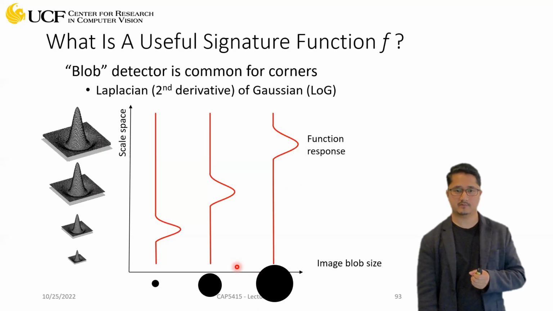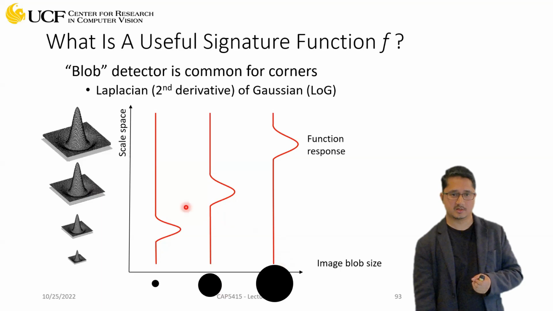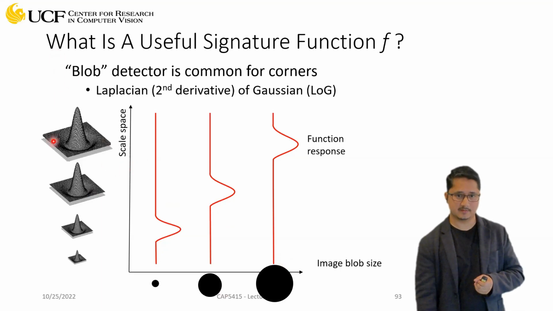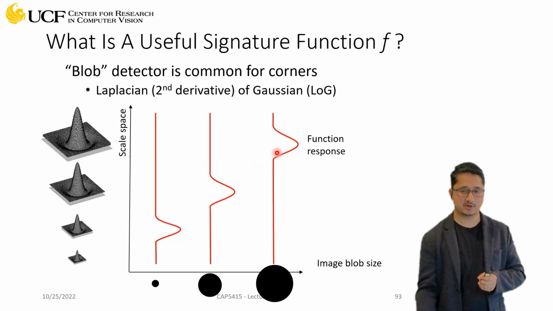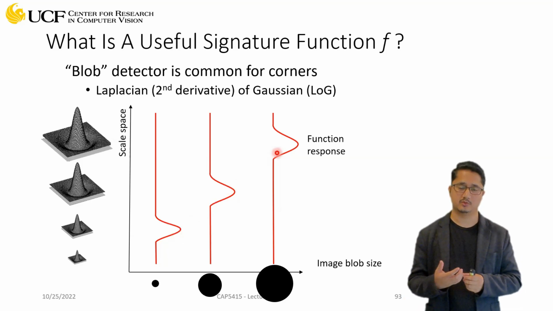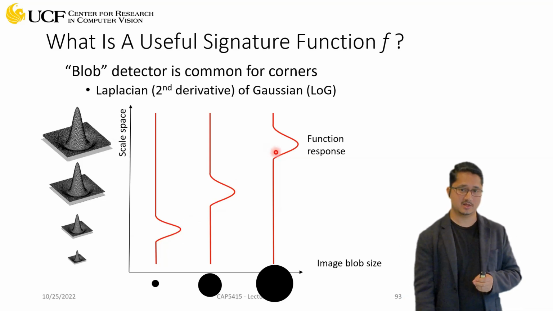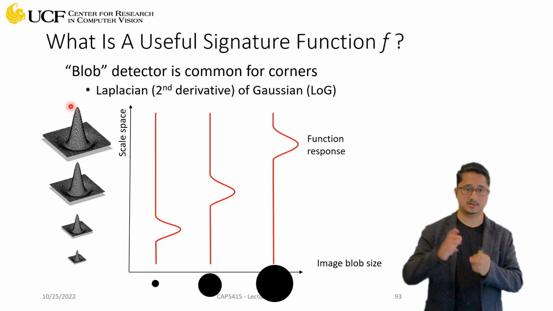Why is this interesting? Because if you use all these different scaled kernels on your input image, then based on where you're getting a higher response, you can tell what the scale of your input image is. If you get a high response for this, you know that the scale is much bigger.